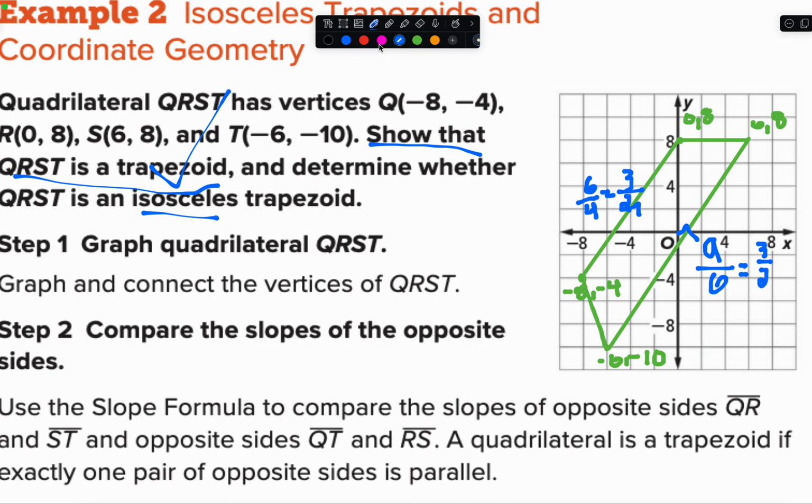In order for him to be isosceles, these two sides would have to be the same length. So in that case, we're not looking at slope anymore. Now we're looking at distance instead. So we're going to do the distance formula. Here we go. Distance formula, this guy squared plus this guy squared.